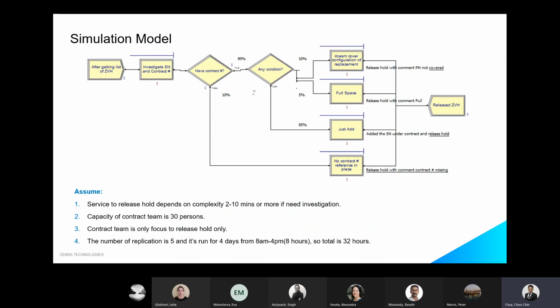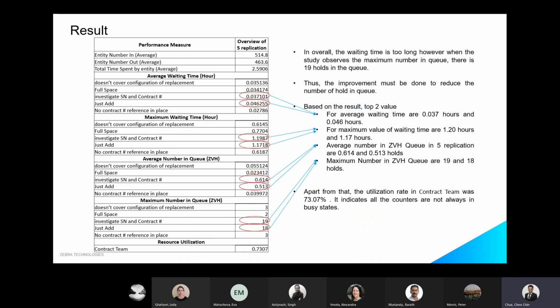Now we see the results. This is the overall waiting time result based on the 5 replications. For the entity, from creating the Zebra verification until release, the time in the system is on average 2.5 hours.